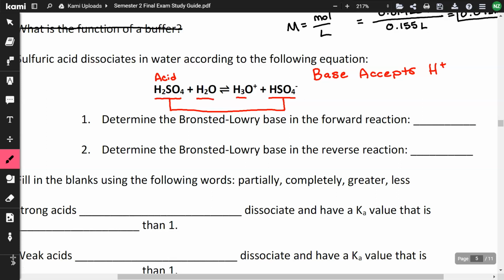Here, we're going from H2O to H3O, so it gained a hydrogen. So our water would be our base. Going in the reverse reaction, from the right to the left, which I don't believe we talked about in class, we go from 1 hydrogen to 2 hydrogens. So our HSO4 would be the base in the reverse reaction, but I don't believe we talked about that.